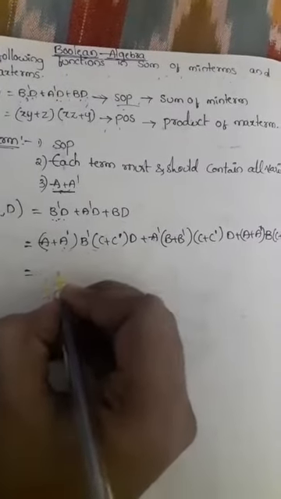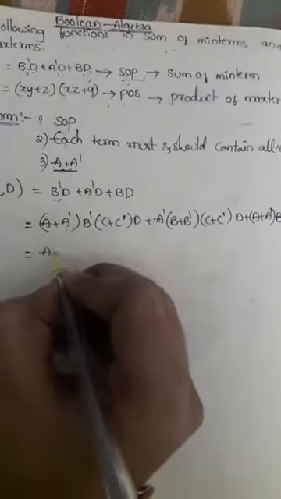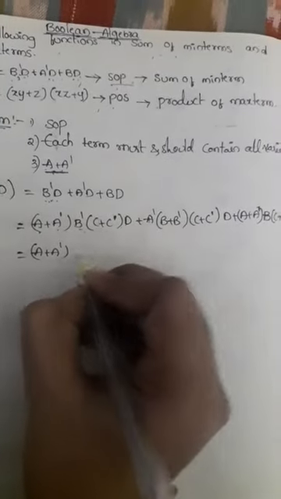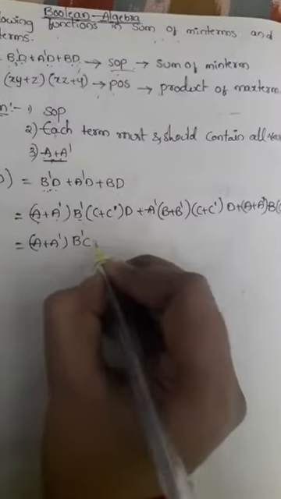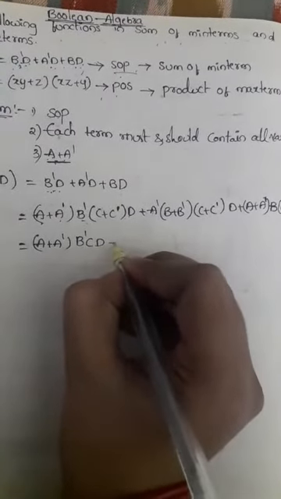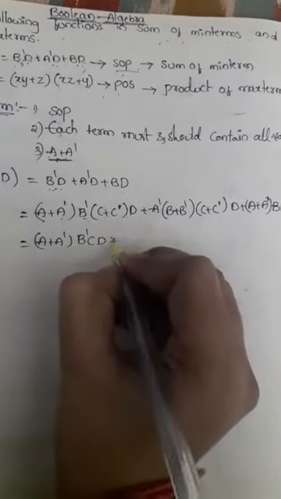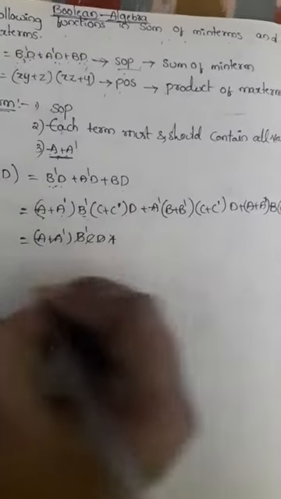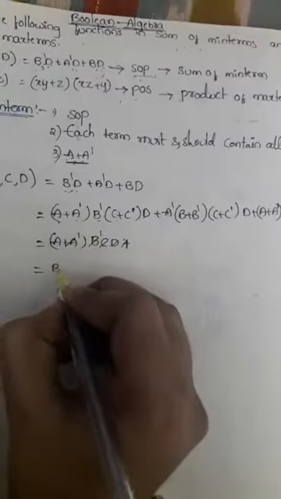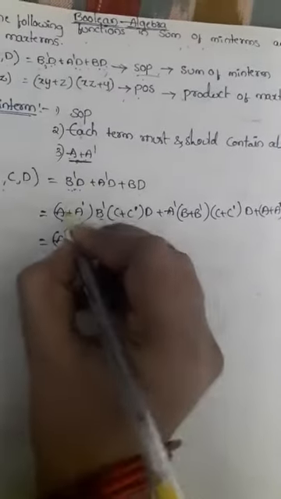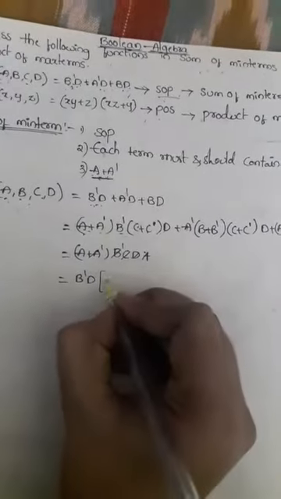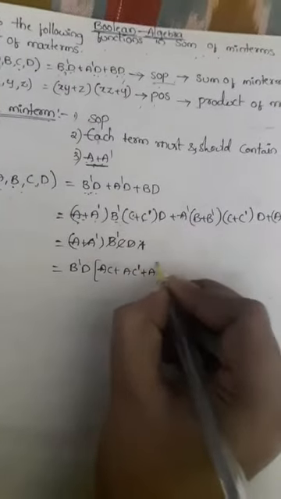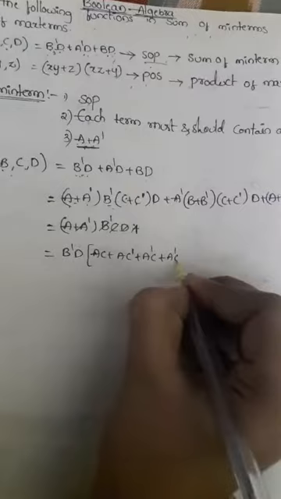First we have to solve these 3. So b complement cd plus, now we will simplify the first 2 parts. b complement d into, I have to simplify these 2 steps first: ac plus ac complement plus a complement c plus a complement c complement.